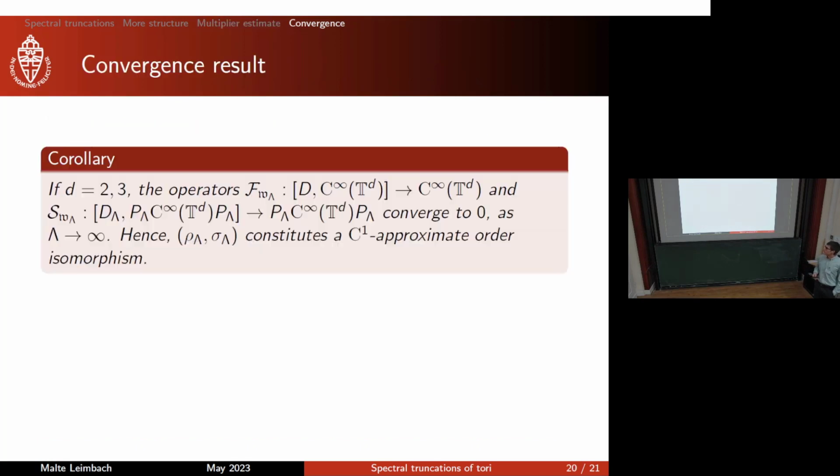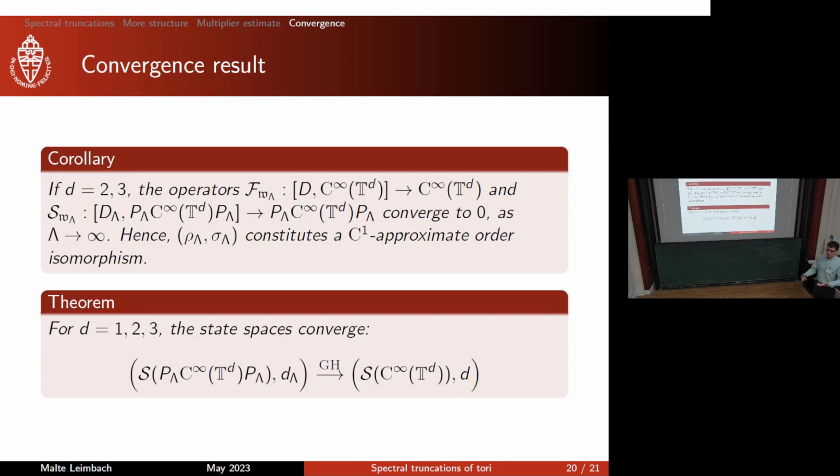All right. Now, if we put everything together, we get as a corollary this whole operator we were after. So I showed you this first part which did not involve any lattice point counting problem, and the second part which did, estimated individually, and in dimension 2 and 3, both of them converge to 0. So in that case, I then use this lemma that we can estimate this operator S by this operator F, and we also get the same thing for that.